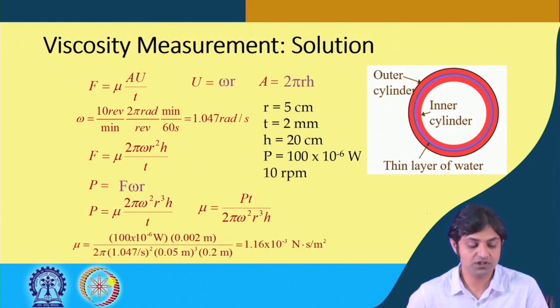And on substituting the values, P as 100 into 10 to the power minus 6 watt, thickness as 2 millimeters, omega we already found out, it was 1.047, and r cube, r is 5 centimeters or 0.05 meters, and h is 0.2 meters. We can get 1.16 into 10 to the power minus 3 Newton second per meter square.